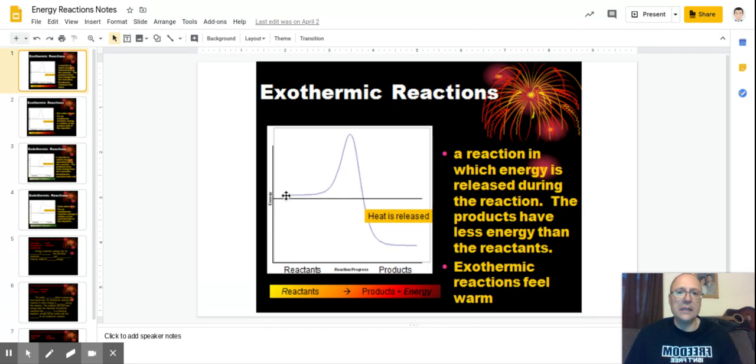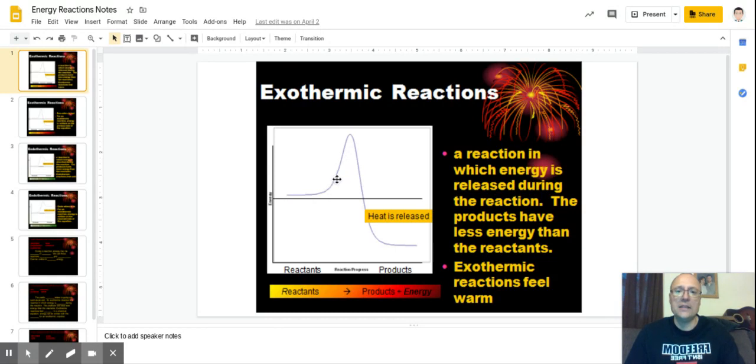What happens in an exothermic reaction is the reactants have a certain amount of energy. There are no numbers on this particular graph because for every chemical reaction, every exothermic reaction, the amount of energy of the reactants is different for what it's beginning with. But you take whatever that level is, and then you'll see that the graph goes up.